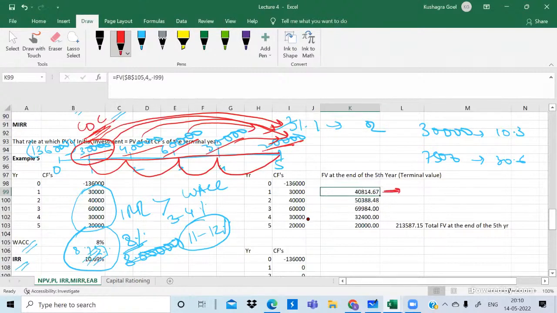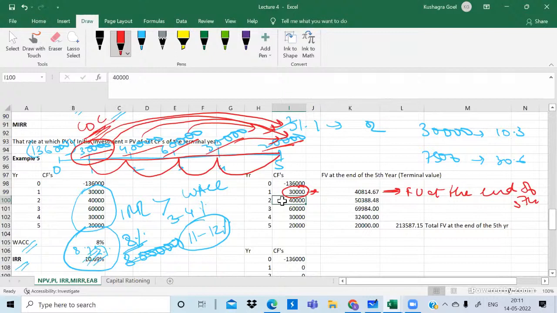So this is nothing but future value at the end of the 5th year of this 30,000. So this 30,000 will become 40,814. Any doubt with this? I'll do the same thing with the other numbers.